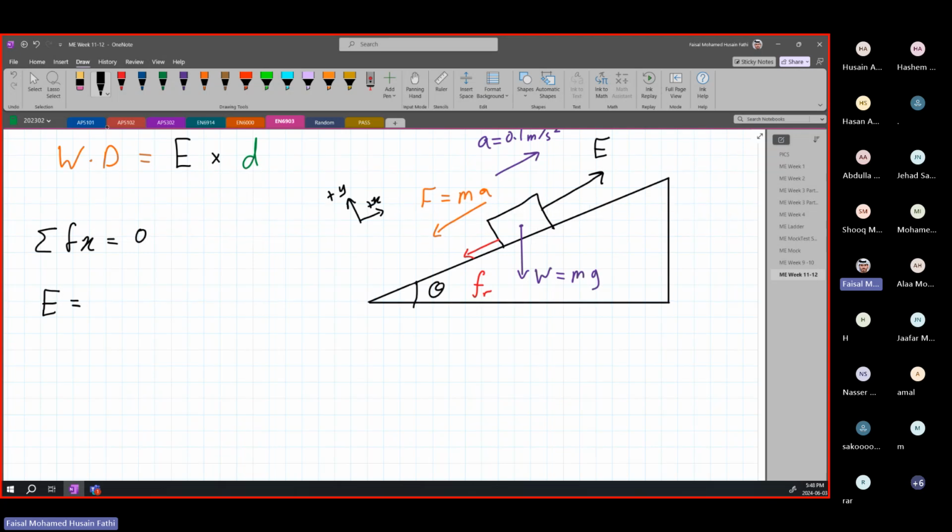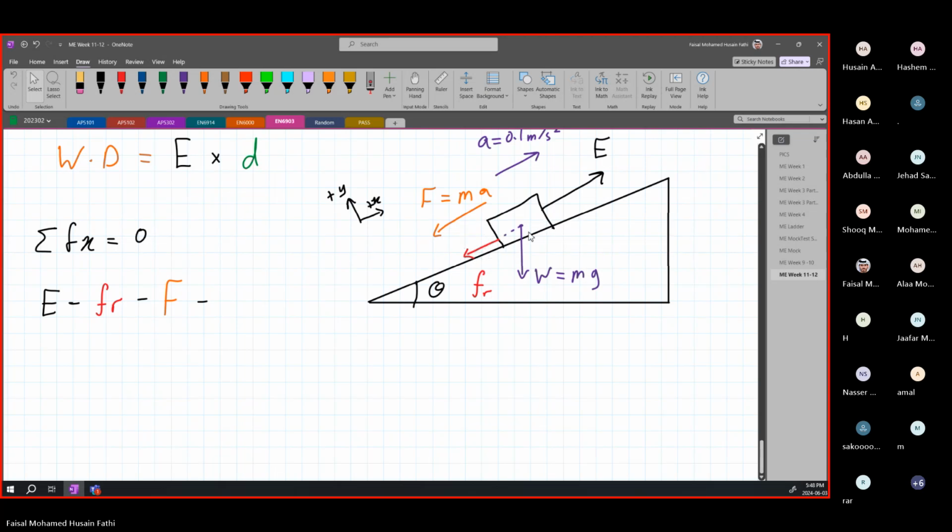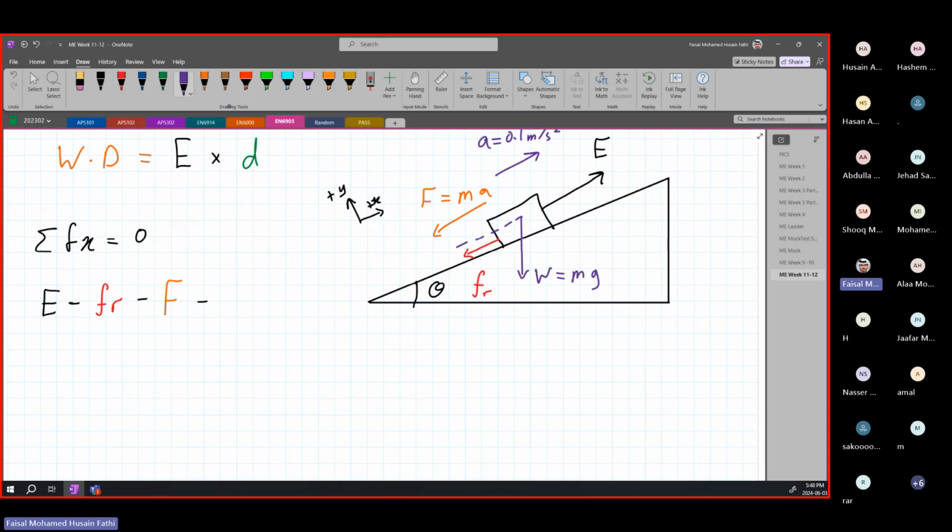E is going to be equal to, or I should say positive E minus the friction force Fr minus F minus, now it is not the complete weight. It is only the weight that is being acted upon in this direction.